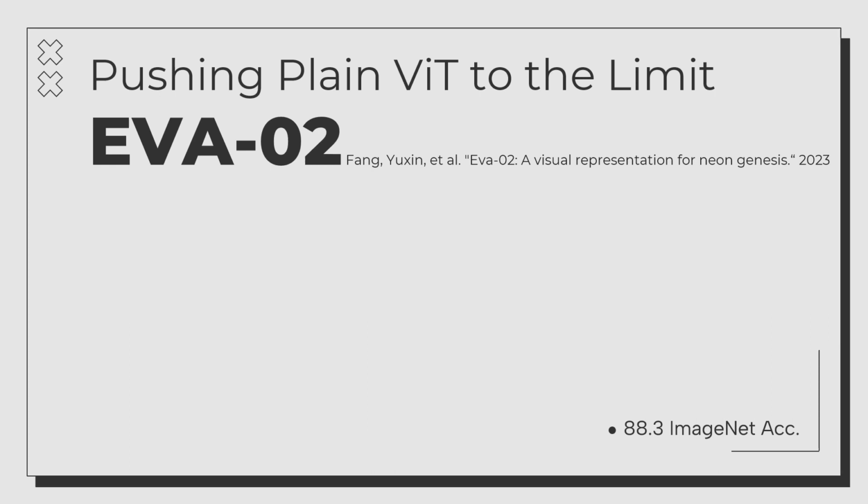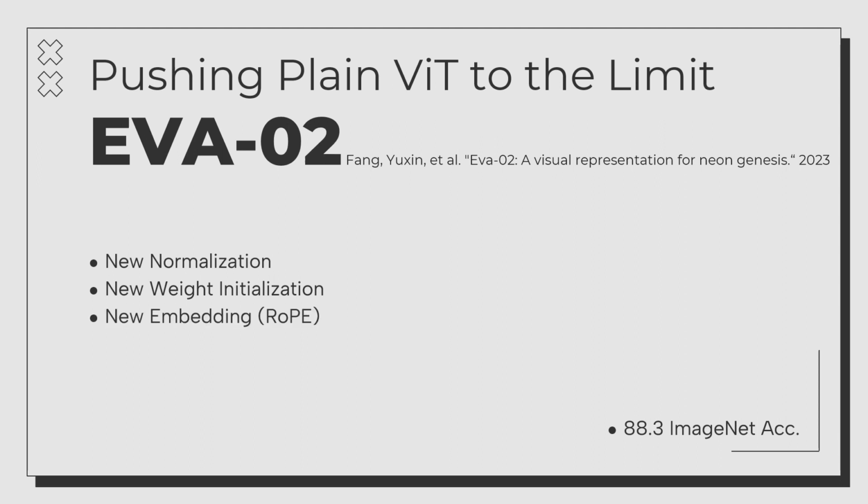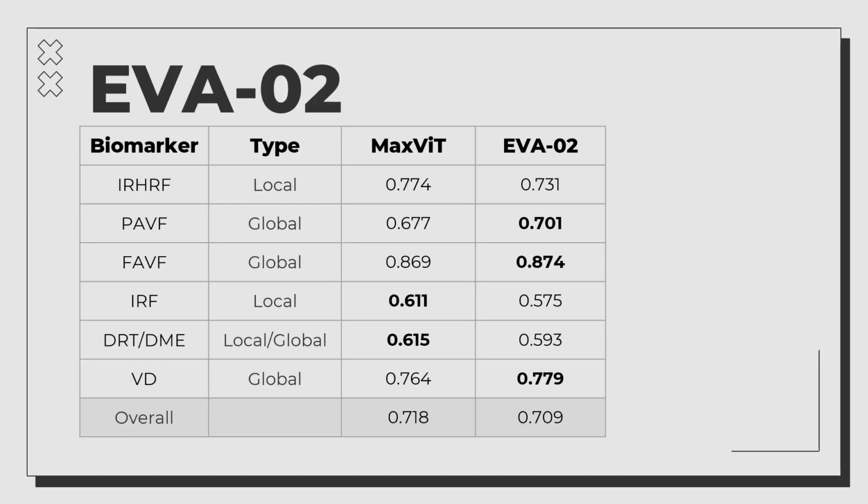It has some minor architectural changes from the normal vision transformer, but the main reason for its stellar performance is probably knowledge distillation from a much larger 1 billion parameter model. And this model is smaller than MaxViT as well, about 2/3 the size and the same accuracy on ImageNet. So the EVA score is about 0.709, not bad.